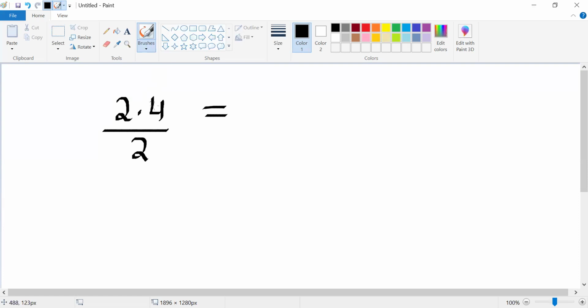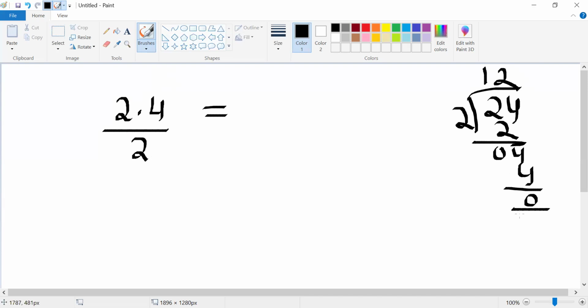We have to make the numerator and denominator alike. But here, the denominator is a whole number. When the denominator is a whole number, you can simply divide 24 divided by 2. 2 1s are 2, 4, 2, so 12 you are getting. And as the numerator has 1 decimal place, the answer also will have 1 decimal place. It will become 1.2.